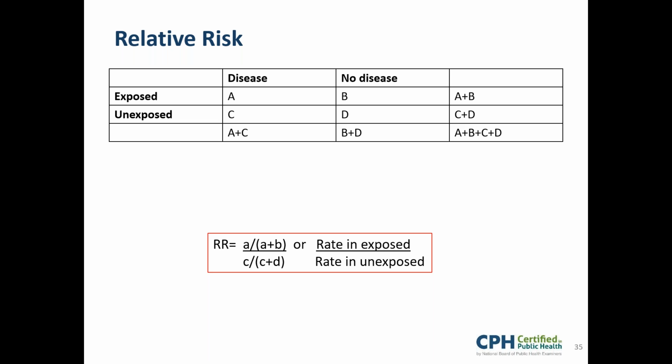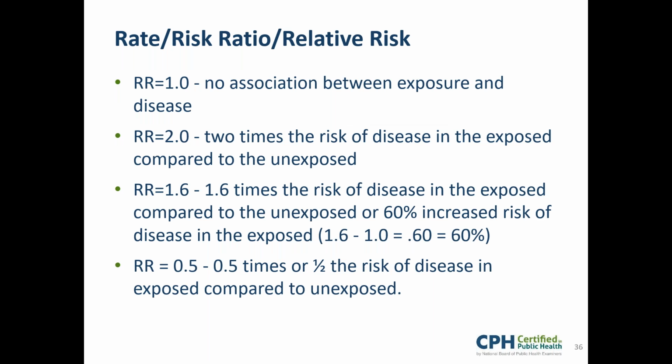Next slide, please, and I'll have an example for you. Oh, interpretations first. So first, let's interpret our relative risk. If we have an RR of 1, that means there's no association between exposure and disease, because if our rate in the exposed equals our rate in the unexposed, then we don't see an association or a relationship.